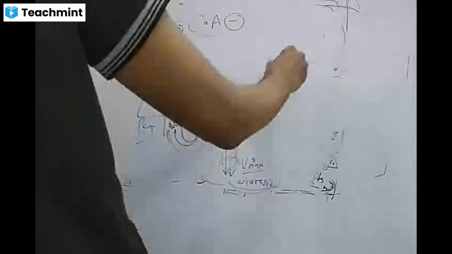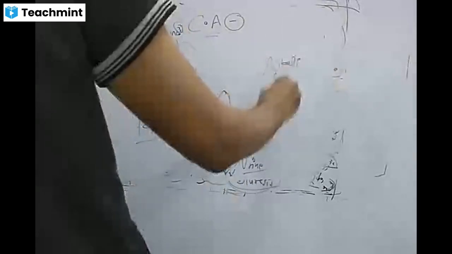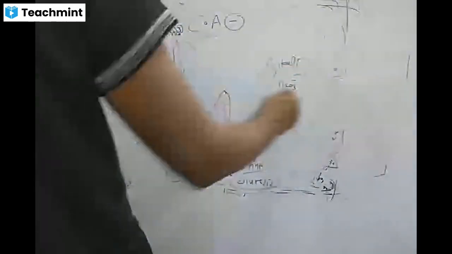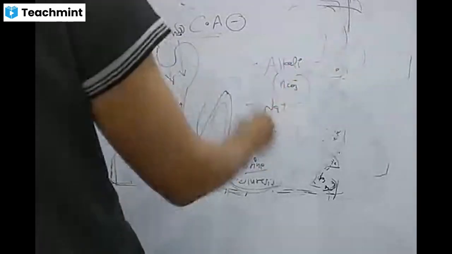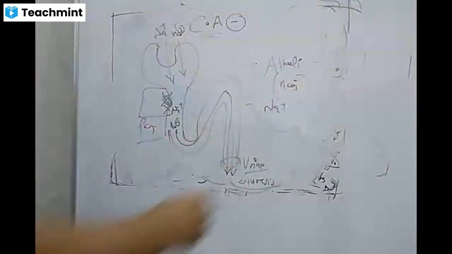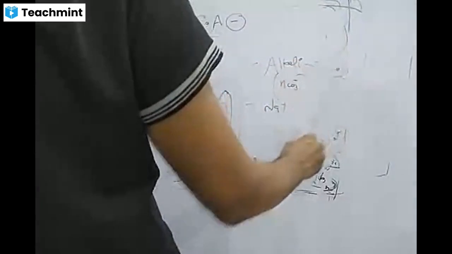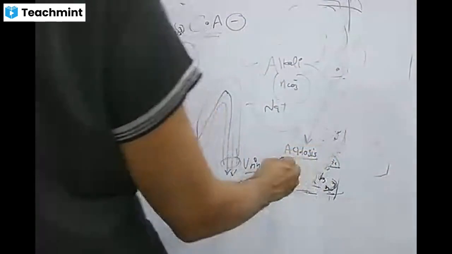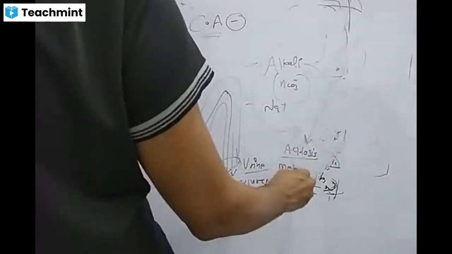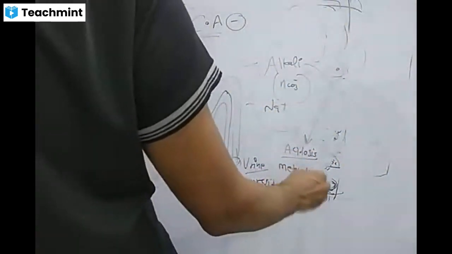So in the urine, alkali bicarbonate is lost. And the second thing is sodium. Because of the loss of alkali, what occurs in the blood? Acidosis, that is metabolic acidosis.